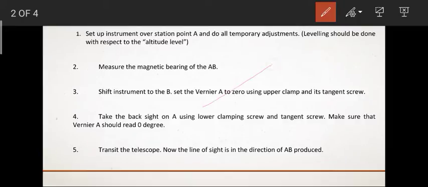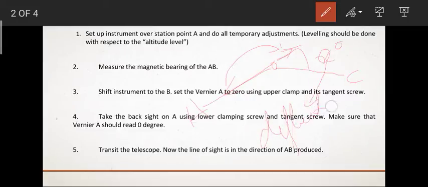If this is AB, your instrument is here and you are looking in this direction, right. Now look at this direction at A, then reverse it in this direction, and then make an angle to bisect point C. So this angle theta will be your deflection angle. It is called as deflection angle.